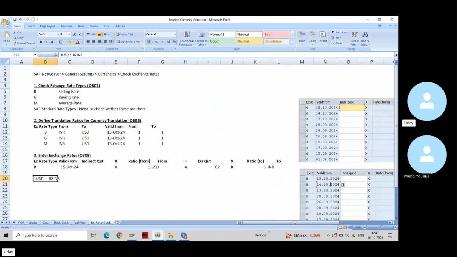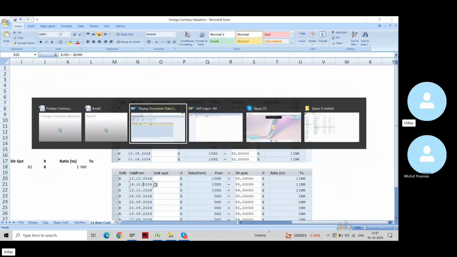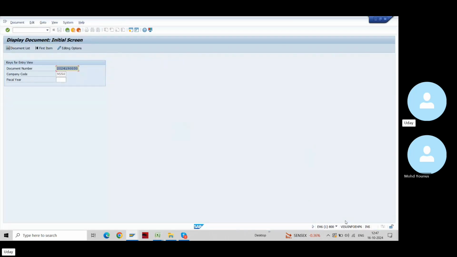We have nowhere given an exchange rate in FB60. We have just mentioned USD. SAP automatically picked the exchange rate from the backend and converted the foreign currency into local currency, INR.